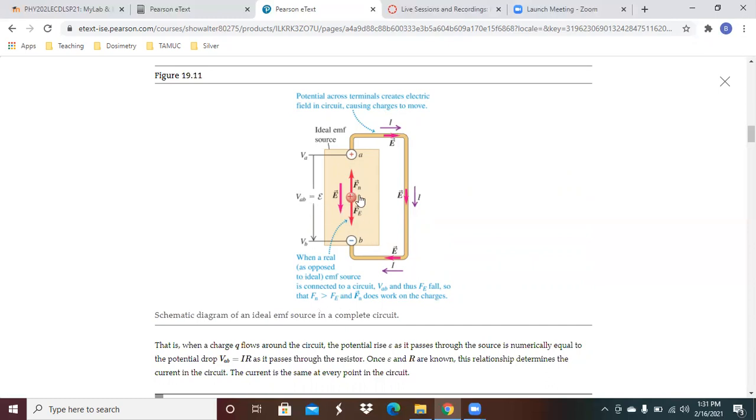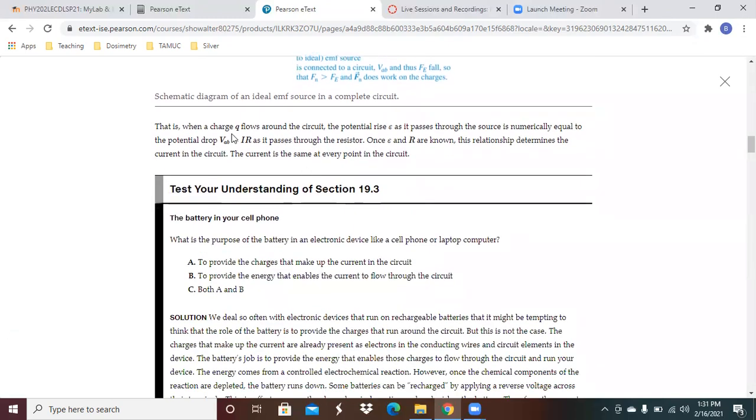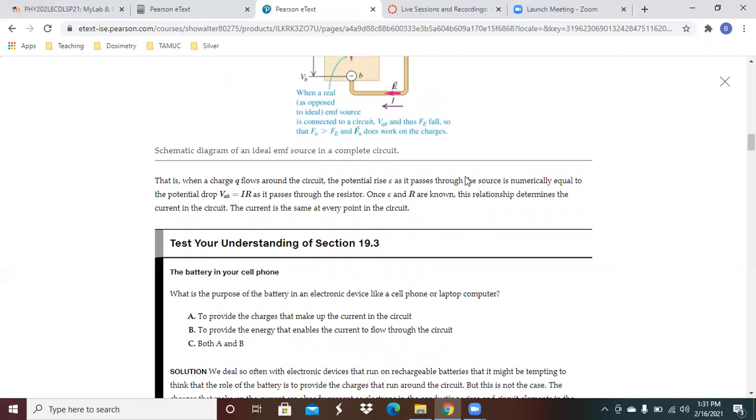So that this non-electrostatic force is going to be greater than the force due to the electric field, and this does work on the charges. So when a charge Q flows around the circuit, the potential rise in electromotive force as it passes through the source is numerically equal to the potential drop as it passes through the resistor. Once we know these values, then the relationship determines the current in the circuit.